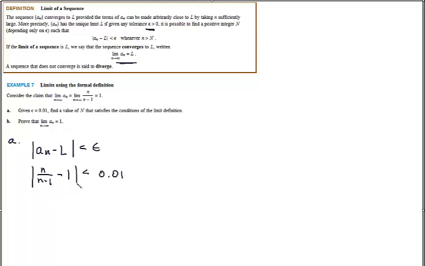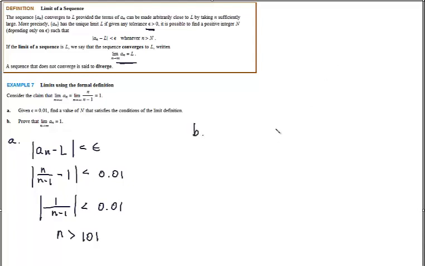Combining this and doing some algebra, I get 1 over n minus 1. Since n is always greater than 1, I can remove the absolute value symbols, and with a little bit of algebra, get that n must be greater than 101. So if n is greater than 101, it would satisfy that epsilon.